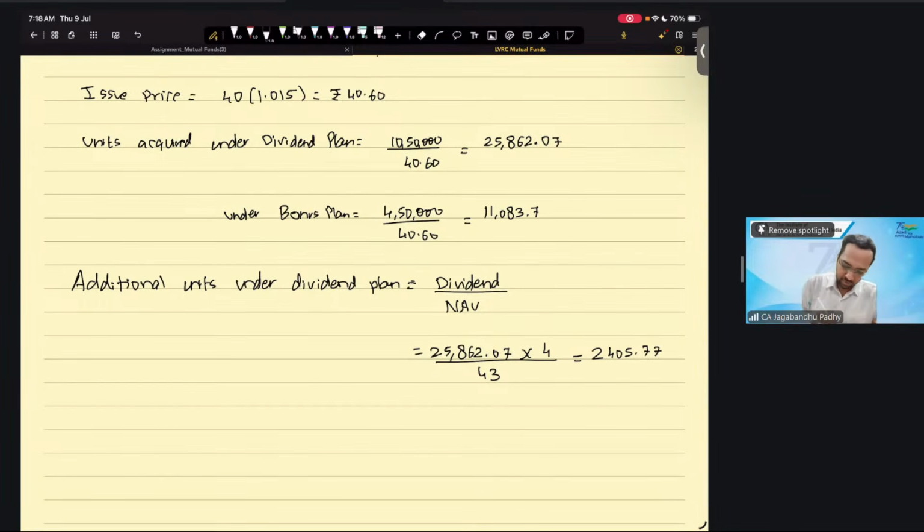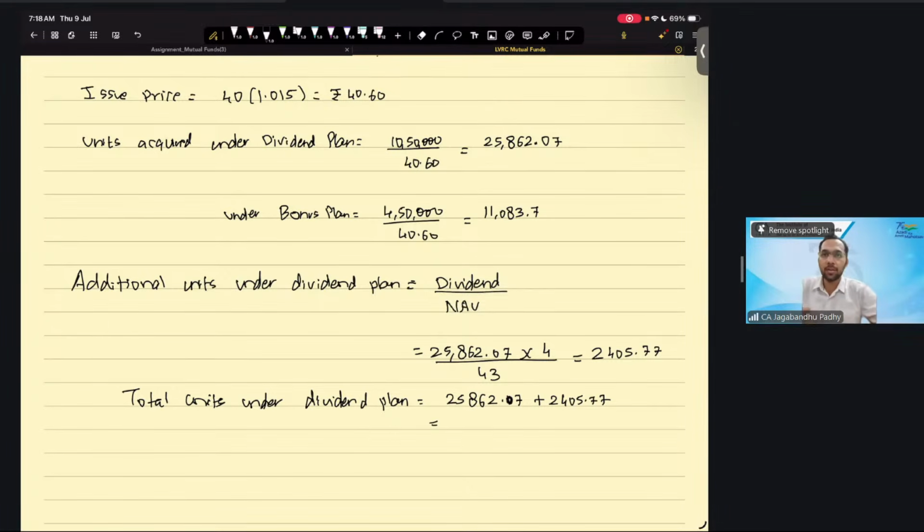Then what are the total units under the dividend plan? Total units under the dividend plan is 25,862.07 plus 2,405.77.